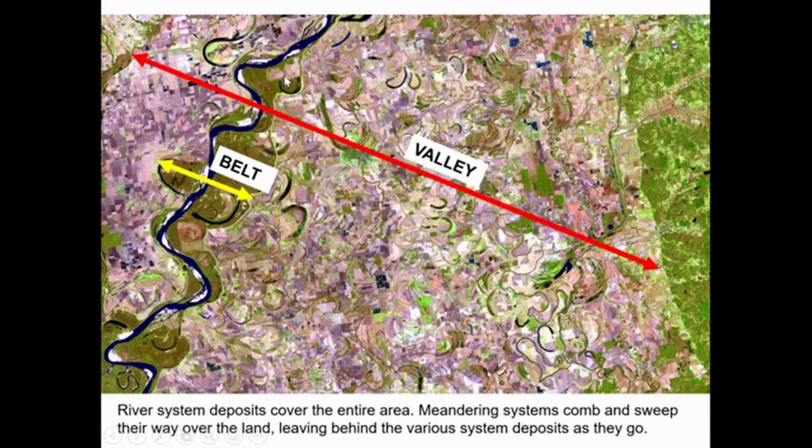Another thing is that when the active river channel meanders, it cuts into the floodplain area, and this is what you see in the geologic record as well.